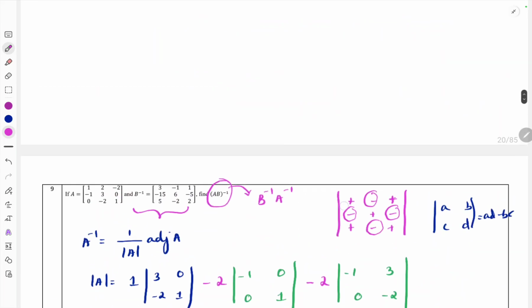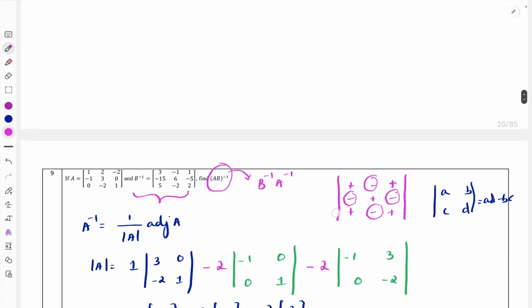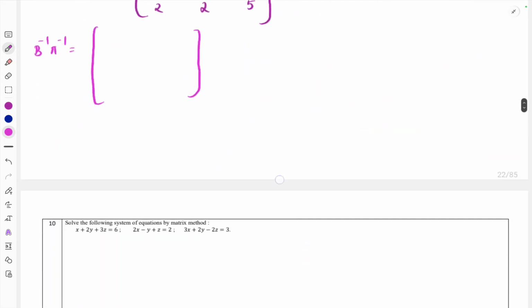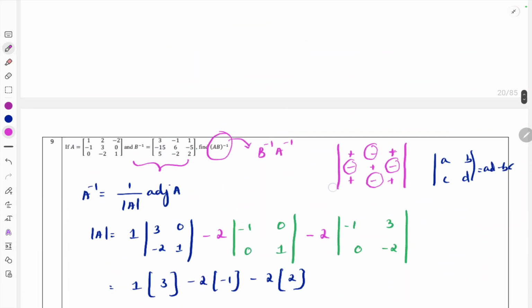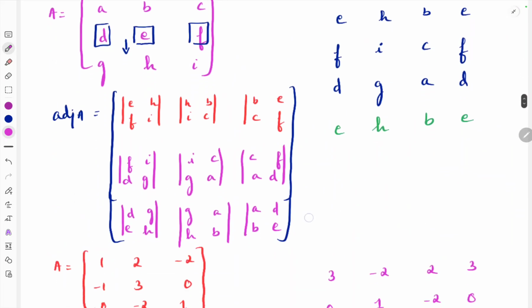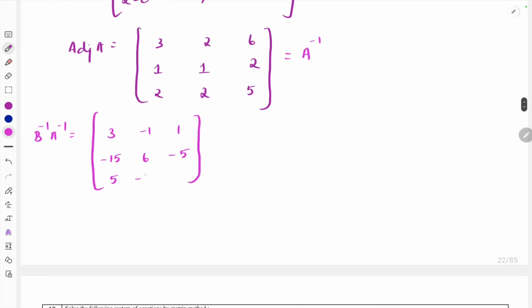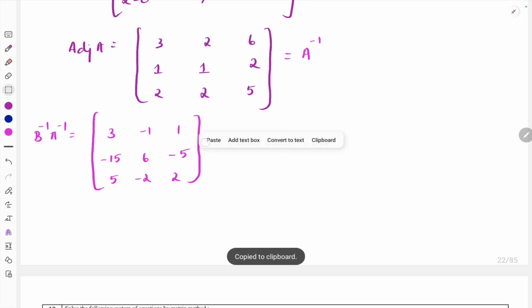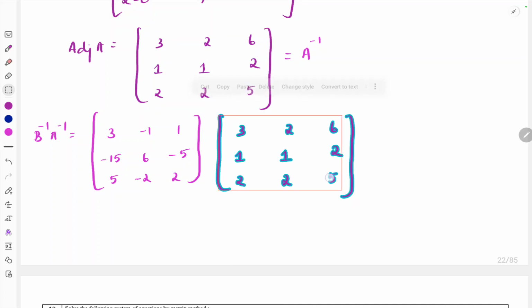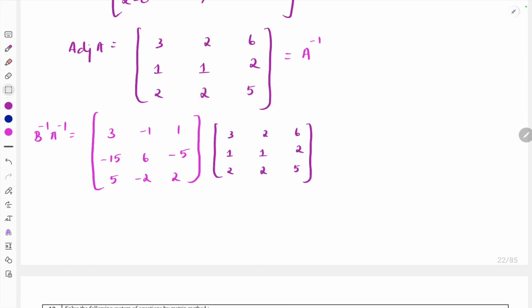So from the question it is 3 minus 1 1, 3 minus 1 1, minus 15 6, minus 5 5, minus 2 2, 5 minus 2 2. Next we have to take A inverse. So this is A inverse. I'll just copy and paste here. So this we have to multiply now.